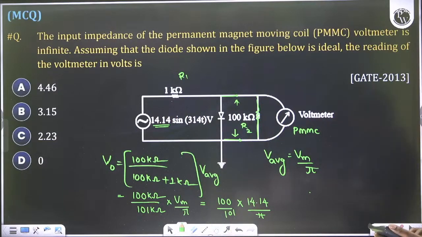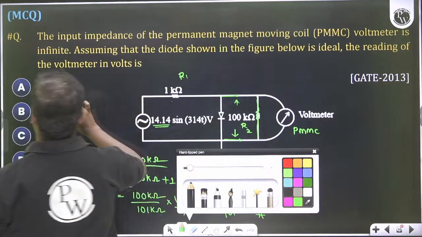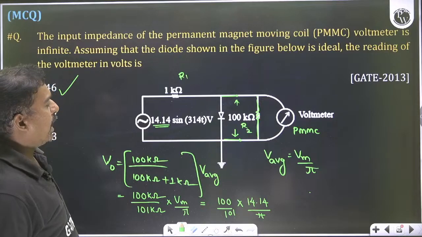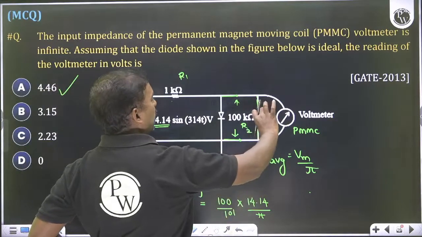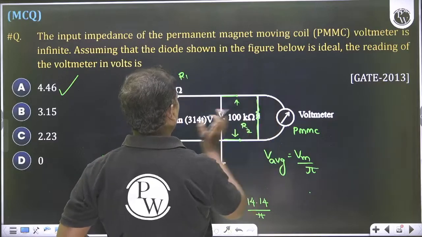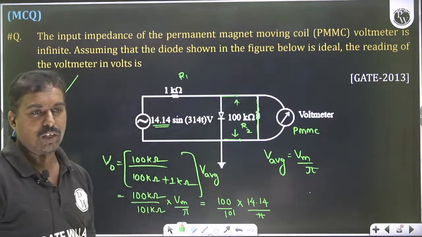100 divided by 101 into 14.14 divided by 3.14 is coming around how much? 4.456. So option A is the right answer. He is asking the voltage across the voltmeter, that is this voltage. This voltage means R2 by R1 plus R2 into supply. But what voltage are we going to get?